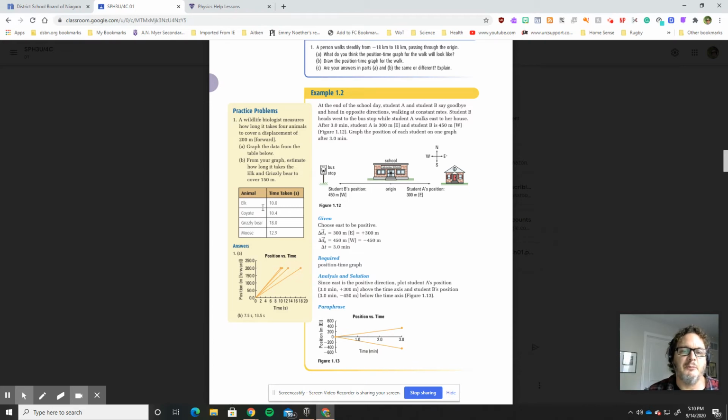The fastest animal, the elk, would be here, the very steepest slope, it got to the 200 meters in the earliest time. So essentially what we're saying is the steepness of these lines corresponds to the speed, or velocity I should say, of these different animals because they were all going forward.